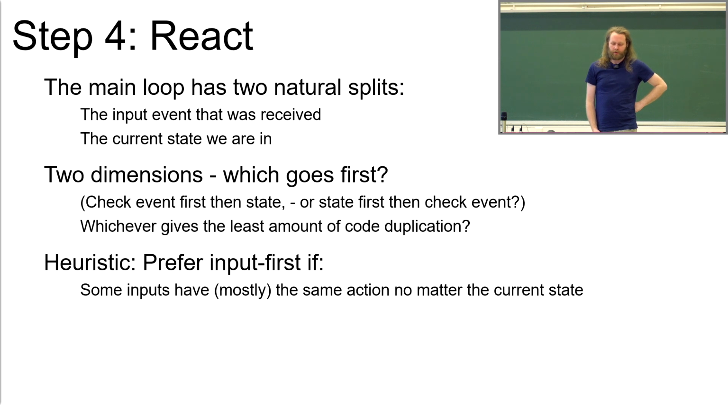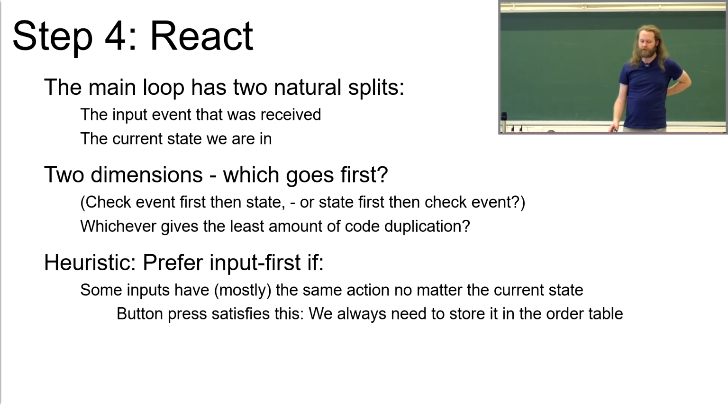So there are some inputs that have mostly the same action no matter the current state. For the elevator, for example, the button press satisfies this. We're going to add the button press to the order table no matter if we're moving or if we're idle or if the door is open. We always need to store it. So because of that, it makes sense to switch on the input first, because no matter what the state, if the input was button press, do the same thing.